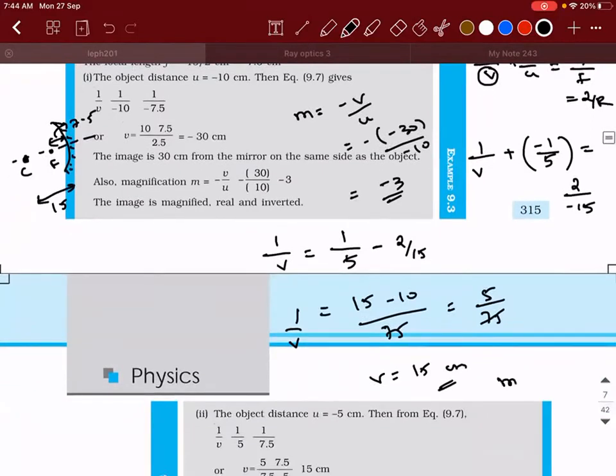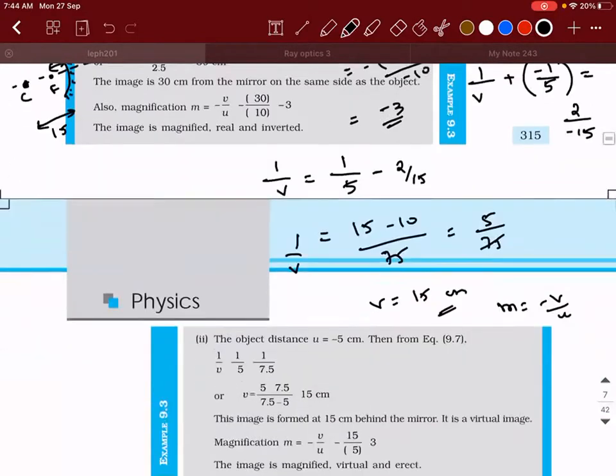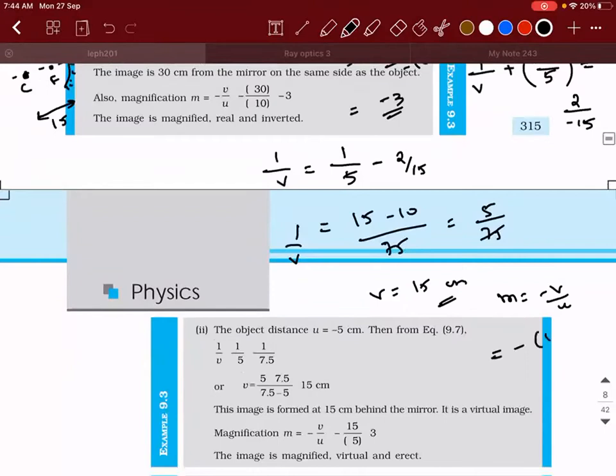Similarly, the magnification in second case will be minus V by U. So it is minus of 15 divided by minus 10 minus and minus 15. So you get that as V by 2, which is 1.5. Second case U is 5 now.